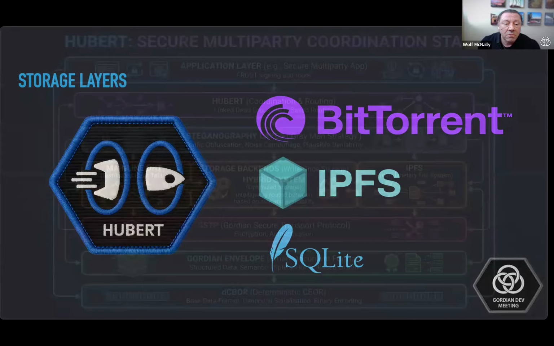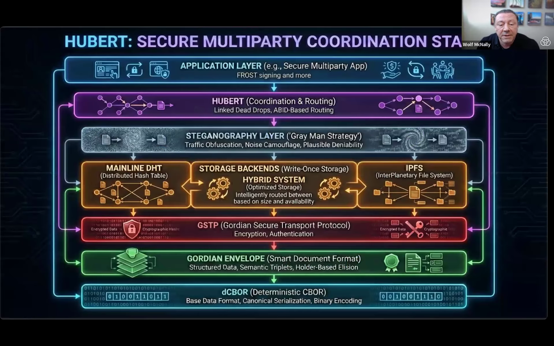So just to summarize the whole stack, at the top is the application layer, any secure multi-party app, not just FROST, but FROST is what we're going to be demonstrating here. Then Hubert provides coordination and routing through linked dead drops and ARID-based routing. Then it also provides the steganography layer, which spies call the gray man strategy, which basically means every packet that Hubert places into these networks is indistinguishable from noise.